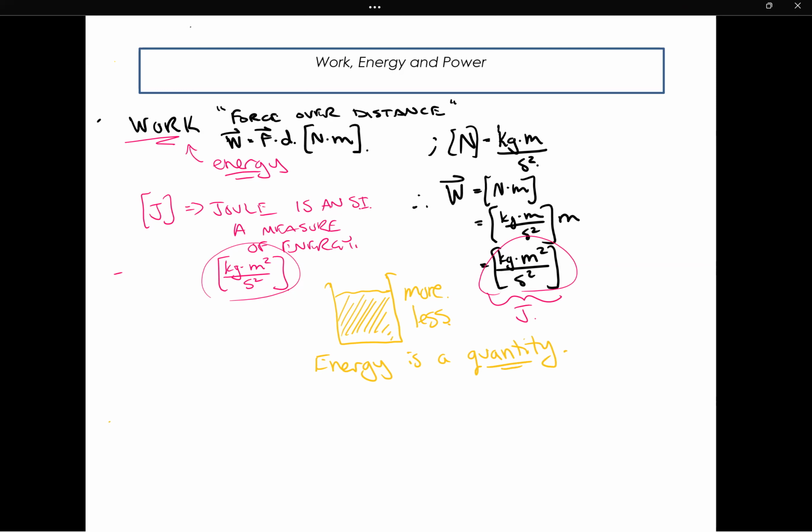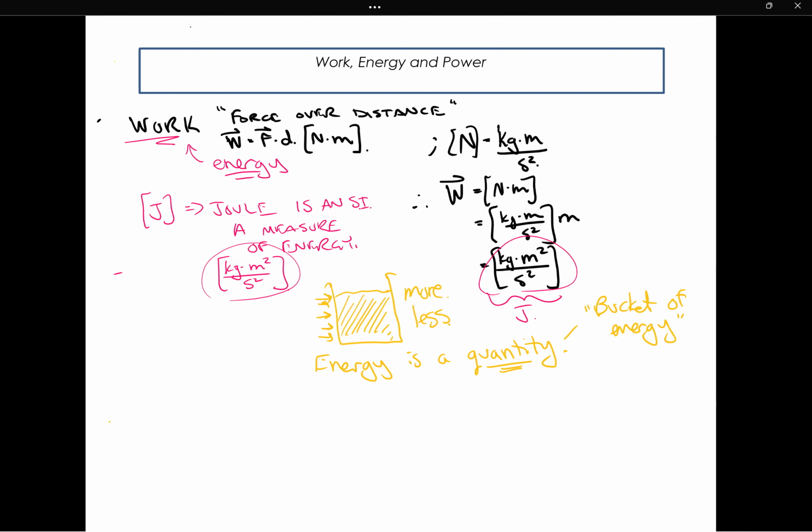So you can add up how much you used this part of the month, this part of the month, this part of the month. For example, of electrical energy, it is a quantity. It cannot be created or destroyed, but it changes form, right? But it's a quantity, and I like to say bucket of energy.